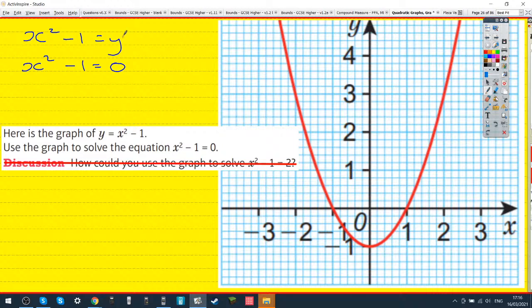The difference, yeah. So basically, what is the x when y is 0? Is either 1 or minus 1? Well done. Great, you got it.